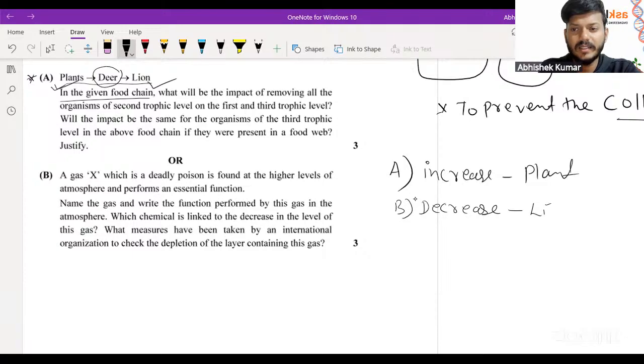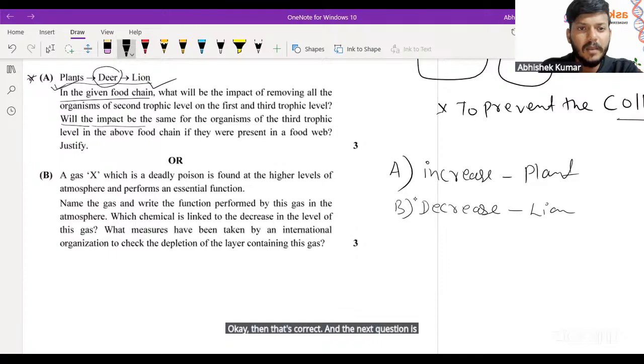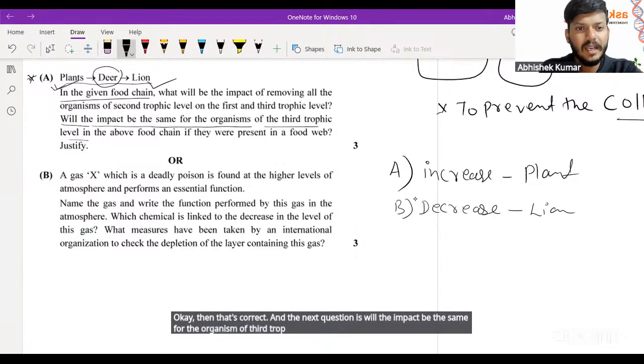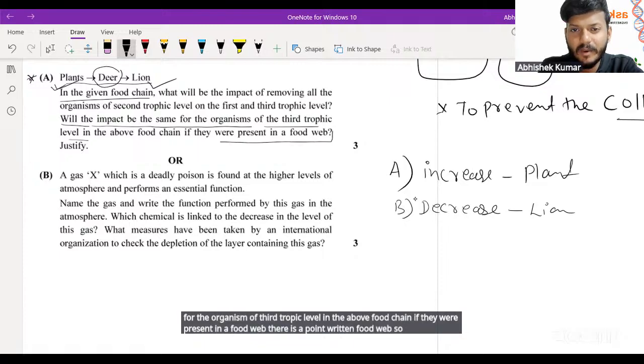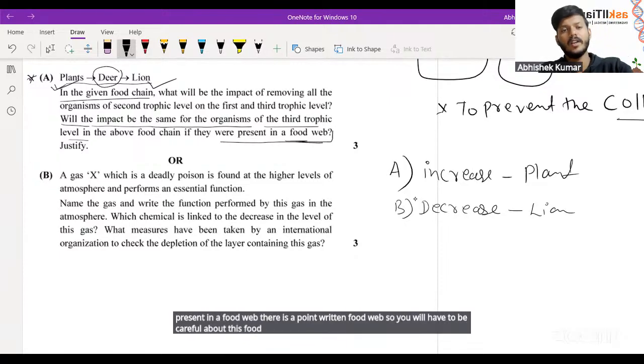Okay, then it's correct. The next question is: will the impact be the same for the organisms of the third trophic level in the above food chain if they were present in a food web? There is a point written, food web, so you will have to be careful about this. What does this mean?